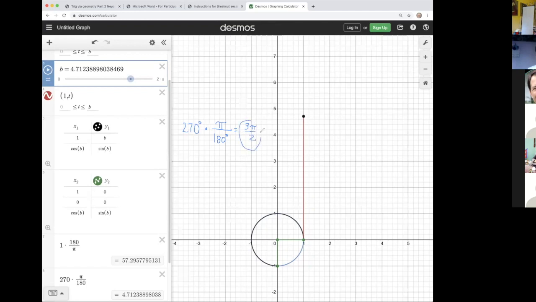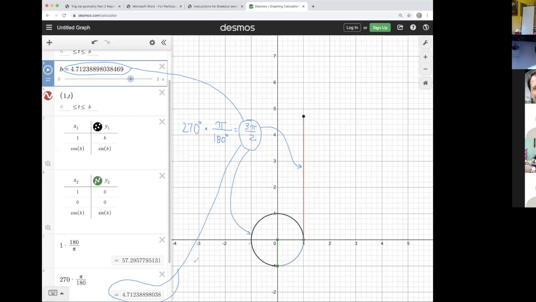So that is the length of this black arc, and that's also the length of this segment, because B is that value, right? So it's also this guy here, and it's also this guy down here.